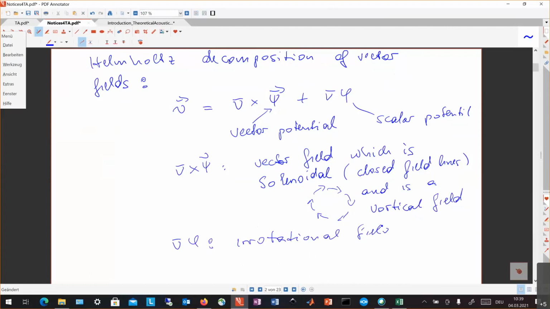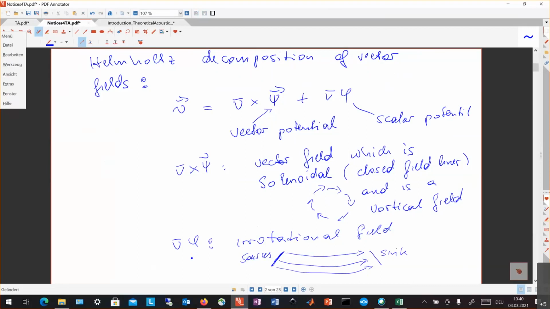An irrotational field means you have somewhere sources, and somewhere you have sinks, and the field lines look like this. They go from the source somehow to the sink. This is an irrotational vector field and can be described by a scalar quantity as shown here, which is phi.